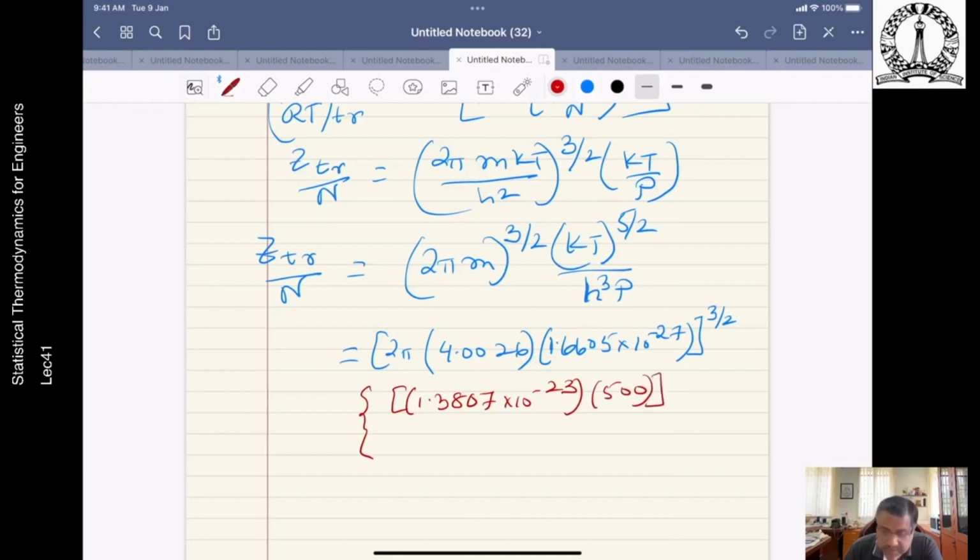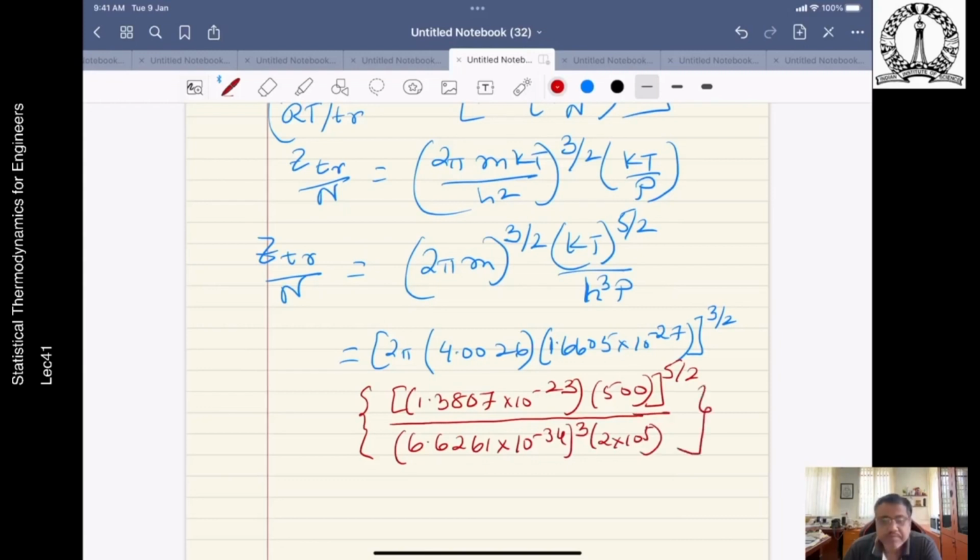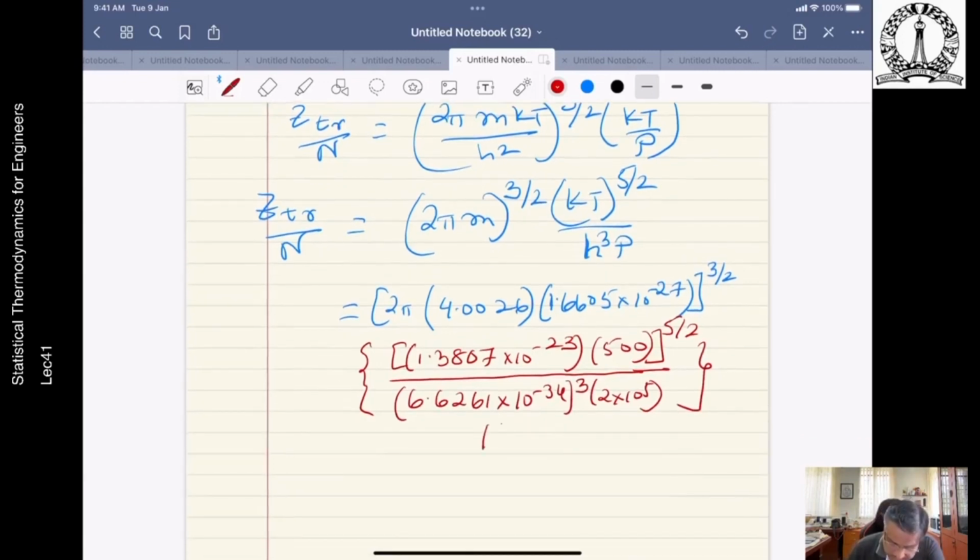This entire thing is raised to the power of 5 by 2, divided by 6.6 to the power of minus 34 cube, 10 to the power of 5. From here we calculate that this leads to ZTR by N equal to 5.808 into 10 to the power of 5.